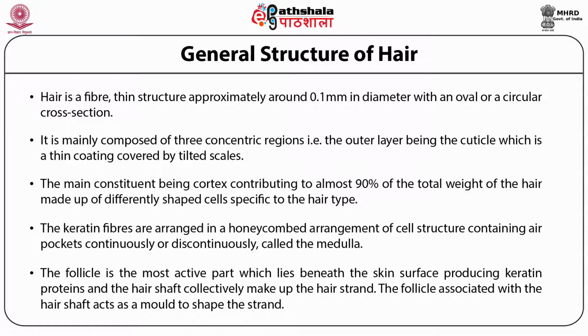A hair grows from the papilla, and with the exception of that point of generation, it is made up of dead cornified cells. It consists of a shaft that projects above the skin and a root that is embedded in the skin.